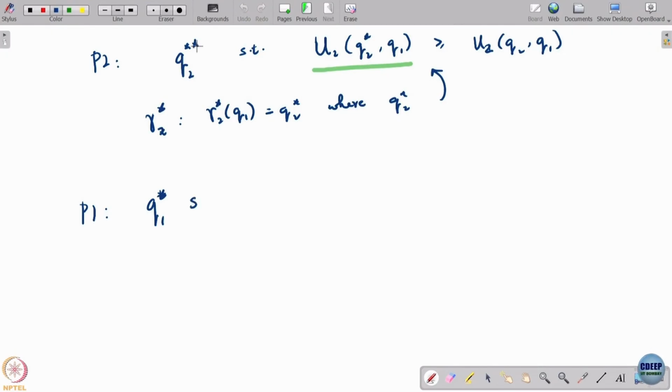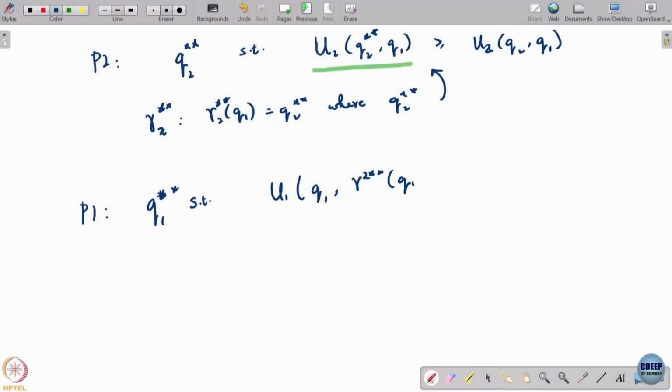Let me use star here so that there is no confusion. What player 1 would then do is play a quantity q1 star such that it maximizes the utility that he would get, assuming player 2 would respond with gamma 2 star.